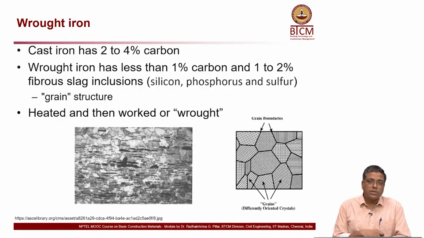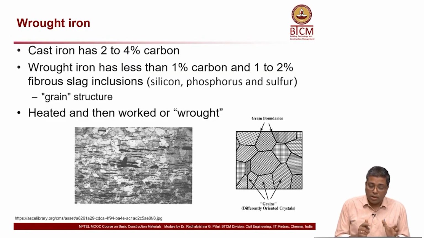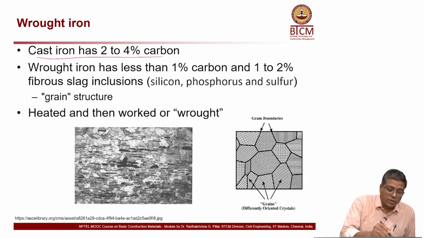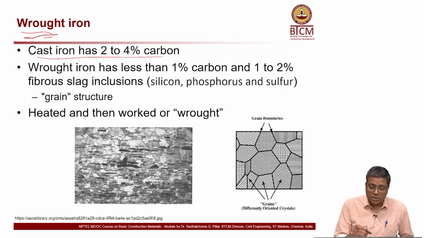Now, another product is wrought iron. Where cast iron, we'd already talked, has 2 to 4% carbon, this wrought iron which we are talking about is slightly different in microstructure. Let's see what the difference is.